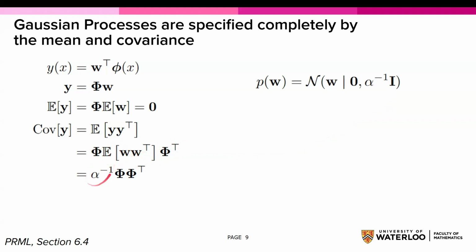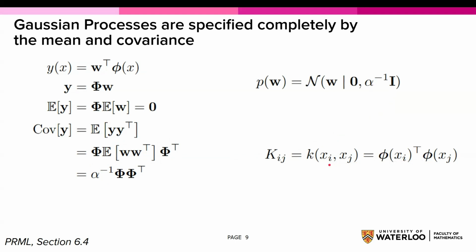The only thing that's going to have an effect is the precision quantity alpha. And so we're left with phi phi transpose times the precision quantity inverse. And this itself is a covariance matrix that actually defines the kernel matrix for a particular function mapping.